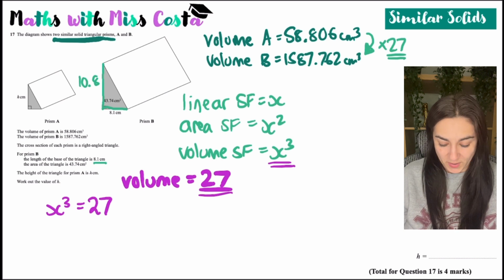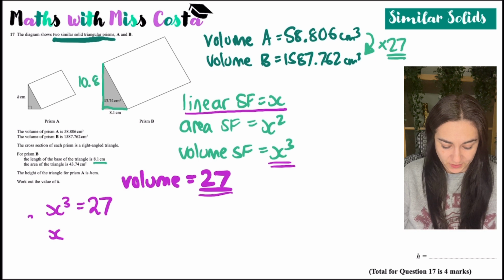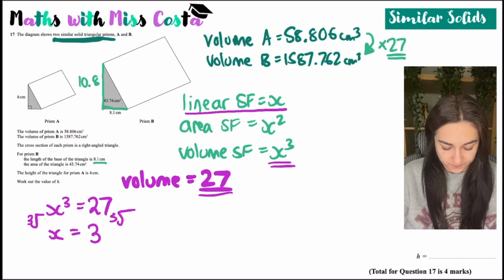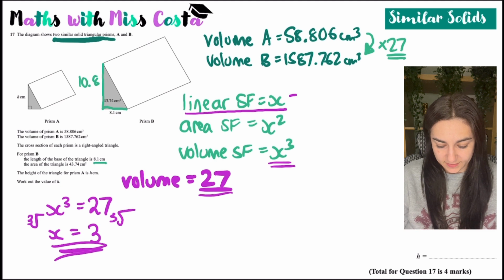So to work out my linear scale factor, which is x, what do I have to do? I'm going to have to cube root both sides. So the cube root of 27 is 3. So therefore, my linear scale factor is 3.